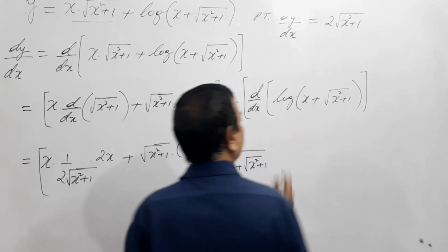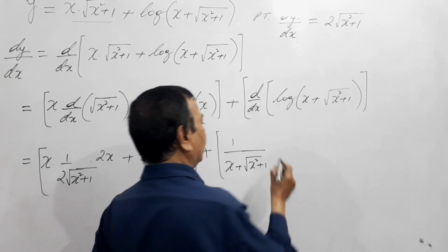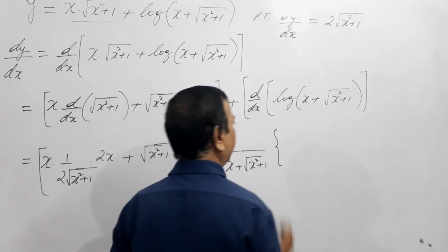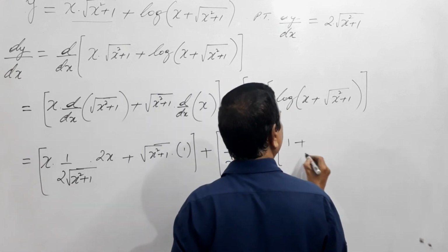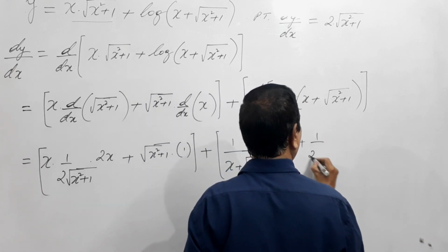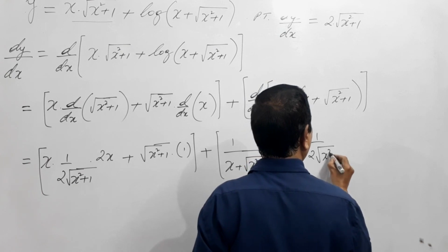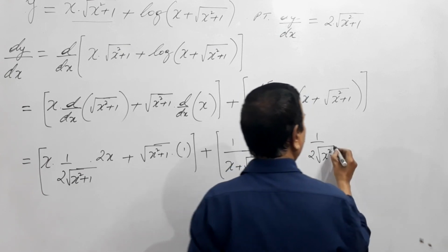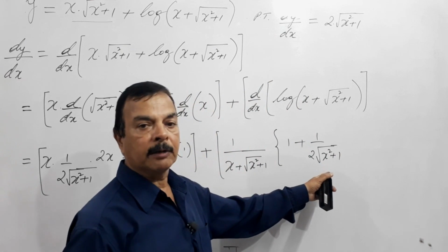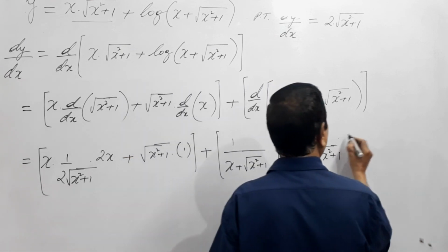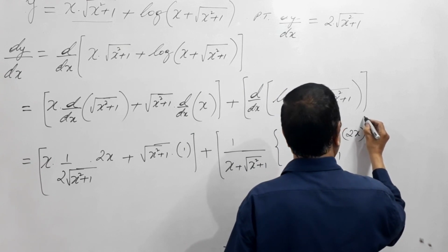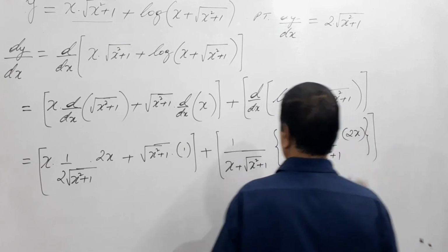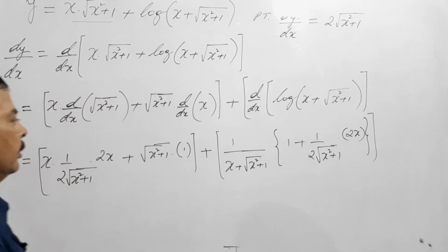So the entire portion has come down. Now I will put a bracket. So differentiation of this will be 1 plus half under the root x square plus 1 into d by dx of the inner function, that is into 2x. Okay, it's a lengthy problem, no issues.